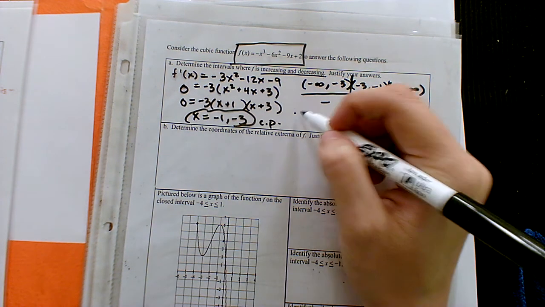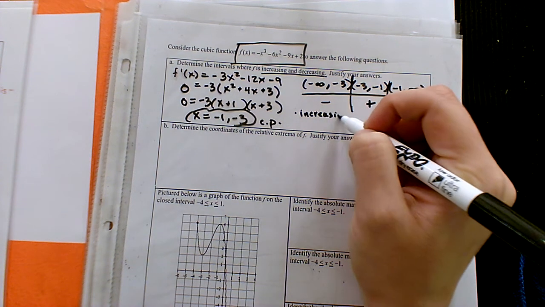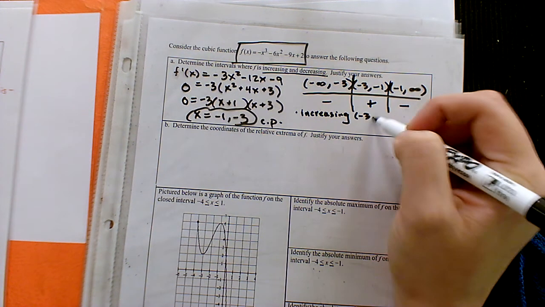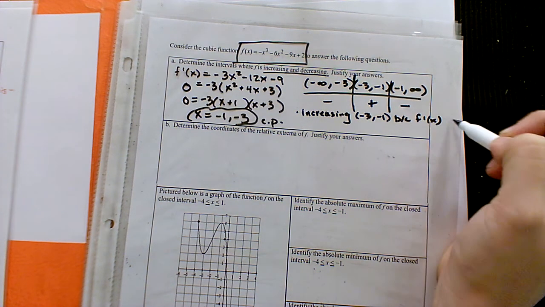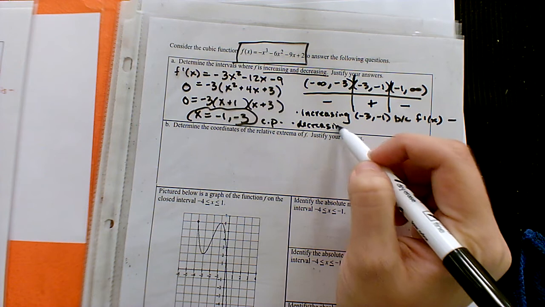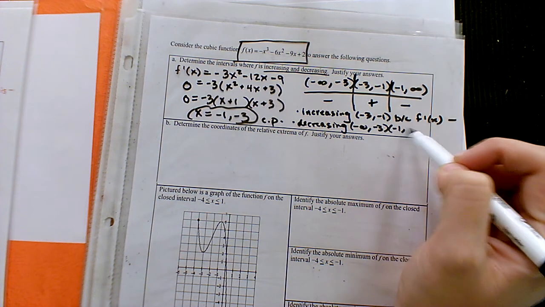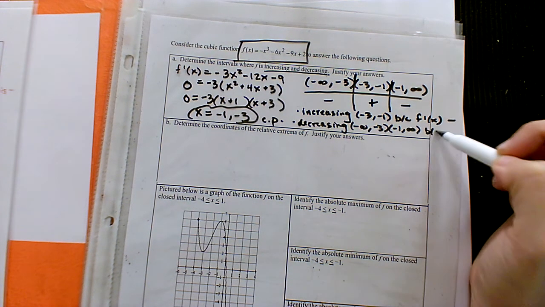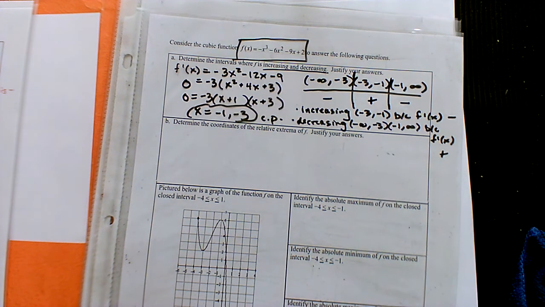All right, so increasing negative 3 to negative 1 because derivative is negative. Decreasing negative infinity to negative 3, but also negative 1 to infinity because derivative is positive.